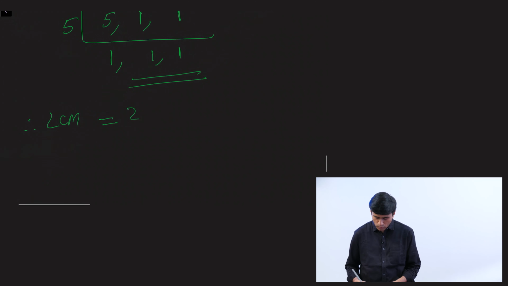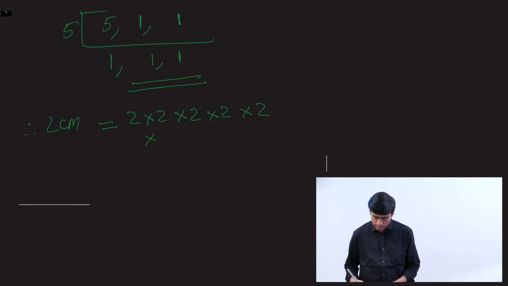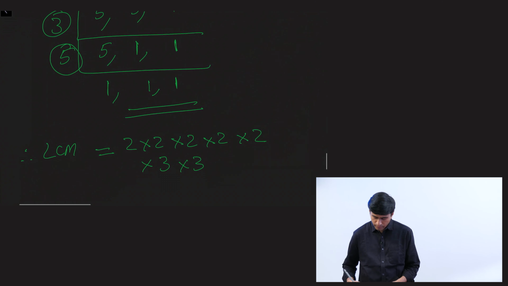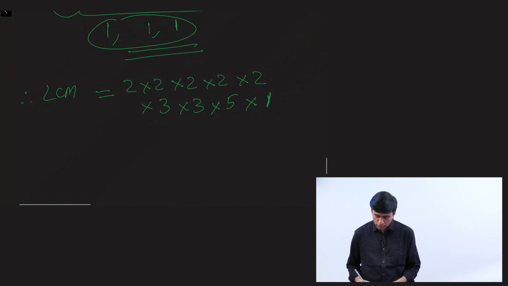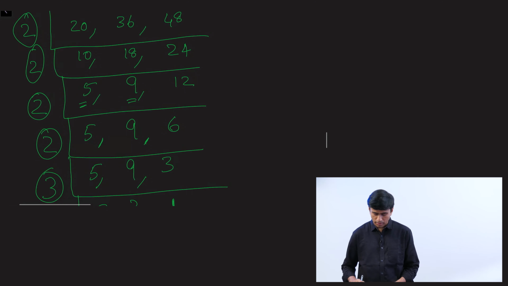LCM is 5 2s, and then we have 1 2 3s, and then we have 1 5 and 1. This is your LCM. You just need to multiply it. If you multiply it, you'll get it as 32 into 45. Therefore your LCM is 1440. This is how you can find the LCM of 3 numbers by division method.